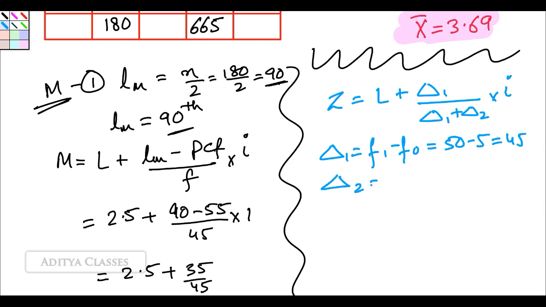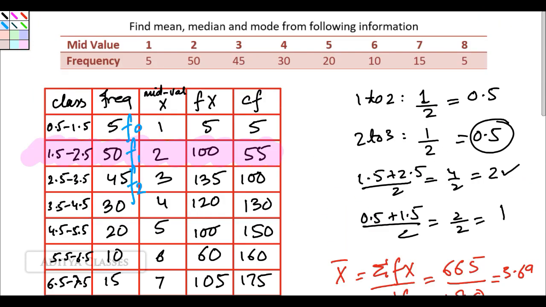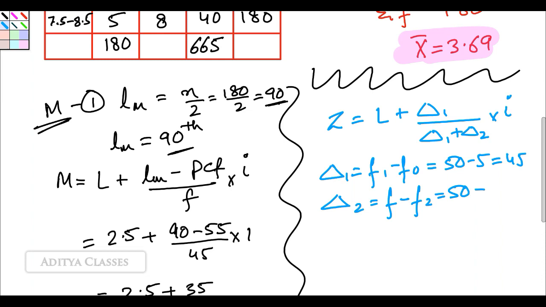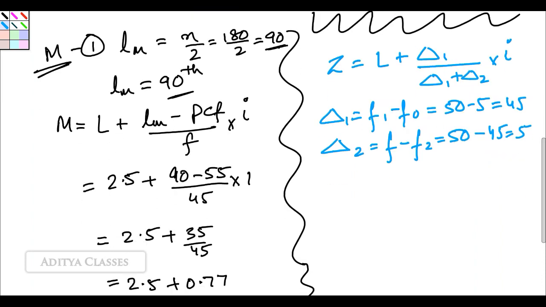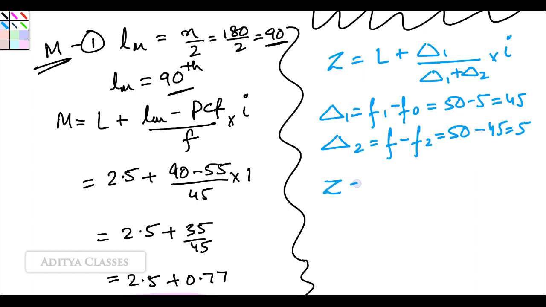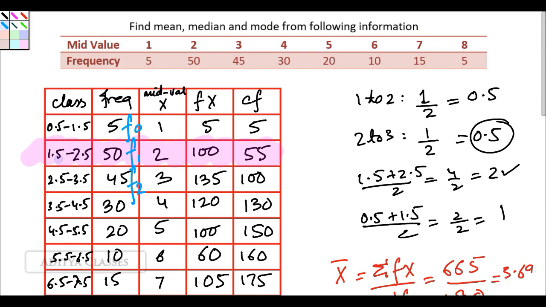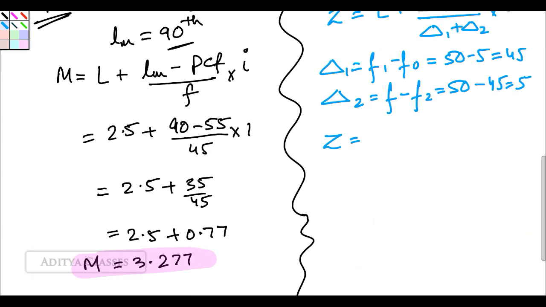What is delta 2? It is difference of modal frequency and successive frequency. So it will be 50 minus, what is our successive frequency? Next one, that is F2, is 45. So we get delta 2 of 5. So now we can find out mode. What is the lower limit of modal class? It is 1.5.